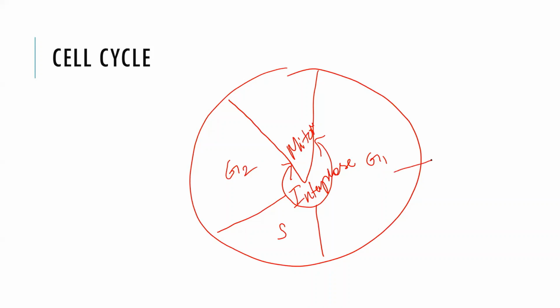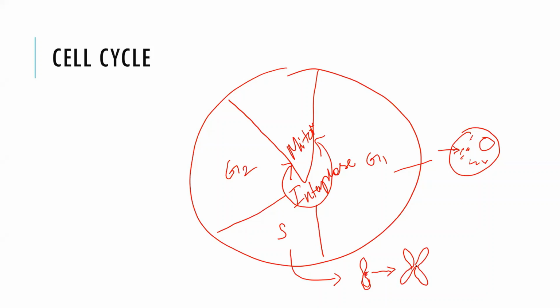In the gap 1 phase, the organelles divide and the cytoplasm expands. In the synthesis phase, the genetic material duplicates, so the single-stranded chromosomes become sister chromatids. In growth 2 phase, there is further enlargement of the cytoplasm and growth, and it prepares for mitosis.